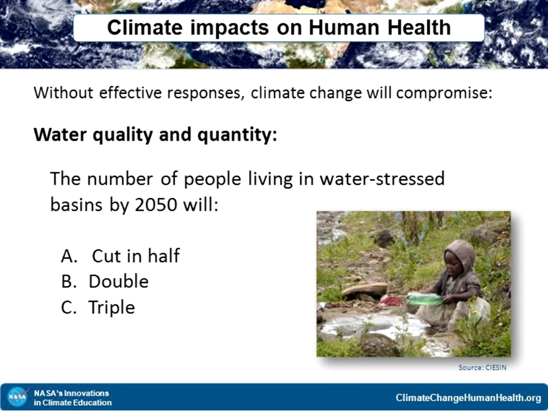But what will a change in climate mean to people living in water-stressed basins by 2050? On your screen there, you have the letter A. Go ahead and take a vote, and we'll just take a few seconds here. What do you think the number of people living in water-stressed basins will be by 2050?